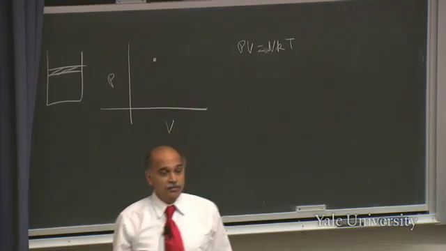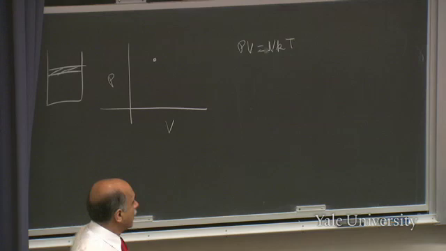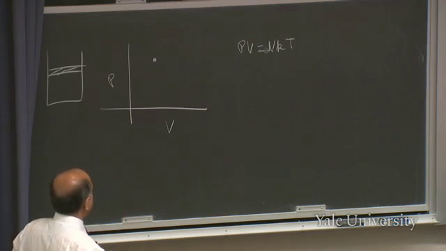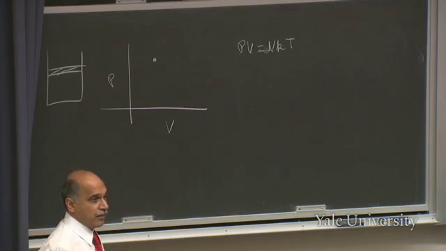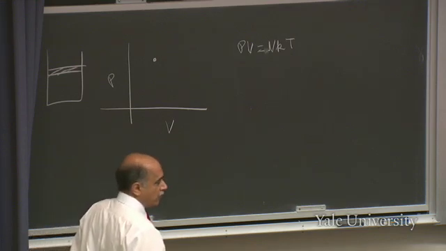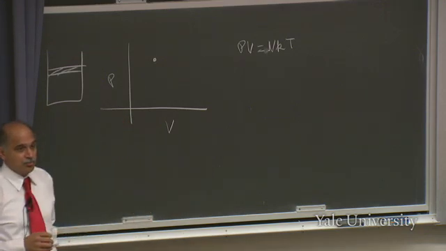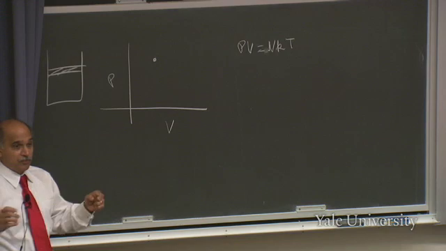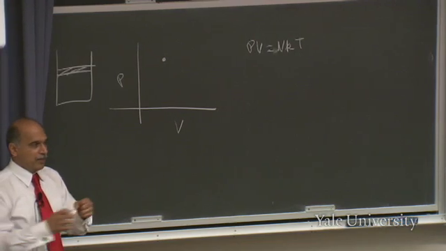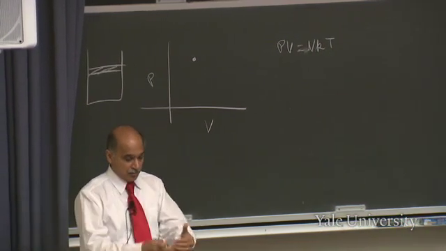You can pick P and V independently, you cannot pick T. Let me tell you, by the way, PV equals NkT is not a universal law. It's a law that you apply to dilute gases. But we are going to study only the dilute ideal gas. An ideal gas is one in which the atoms and molecules are so far apart that they don't feel any forces between each other unless they collide.